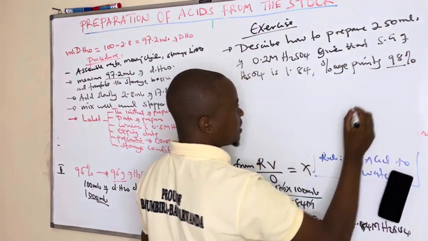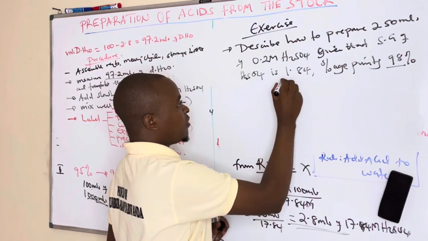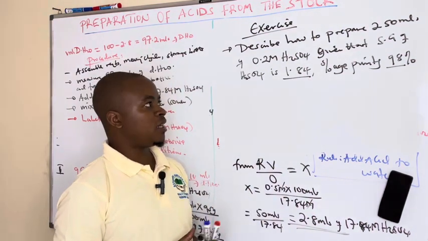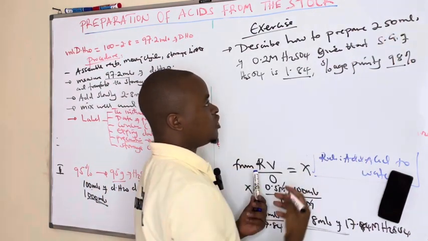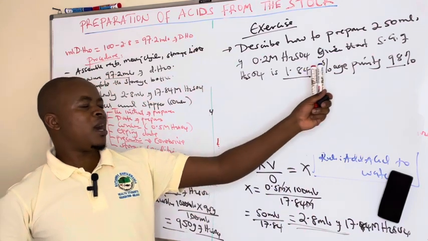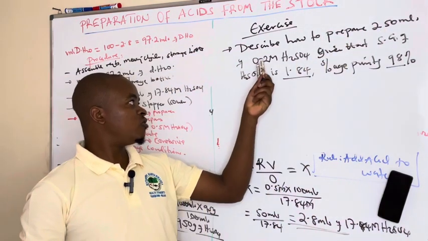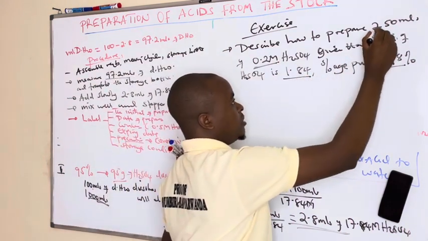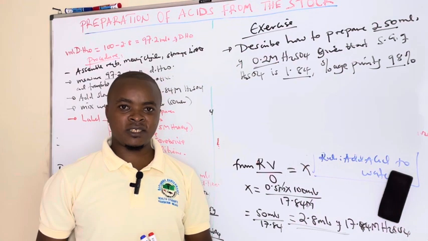So we are given the percentage purity as 98% of sulfuric acid, and the specific gravity of sulfuric acid has remained the same, 1.84. Given these, I want you to describe how in your laboratory you can prepare 250 mils of 0.2 molar sulfuric acid.